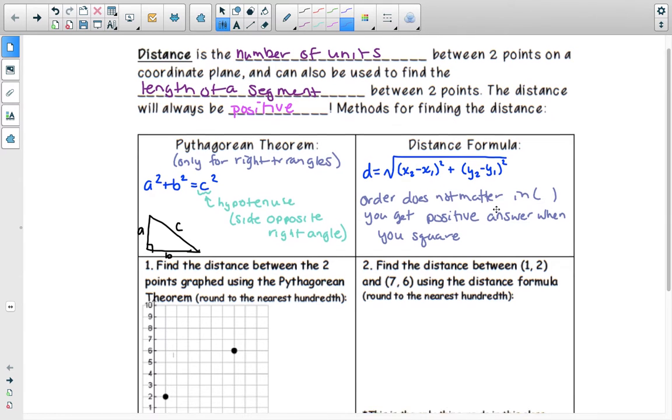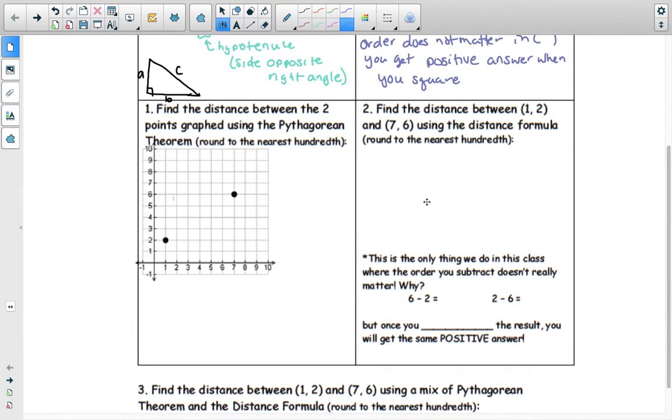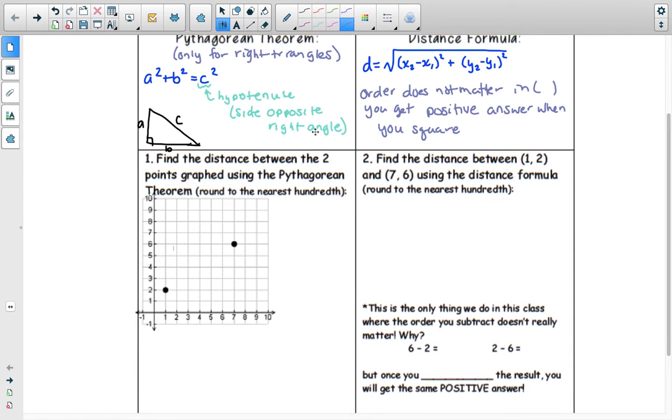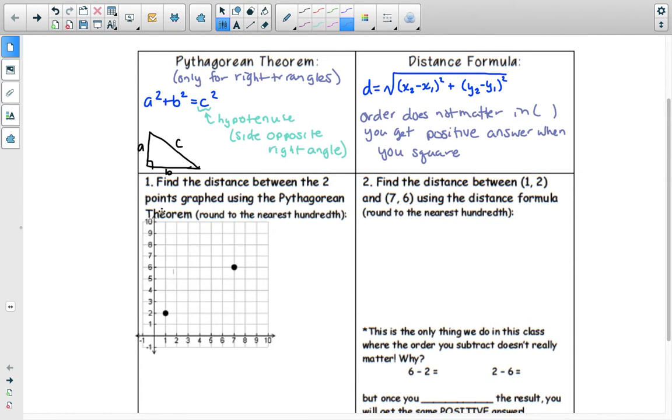So let's look at a couple of examples of this. We're going to find the distance between the 2 points graphed using the Pythagorean theorem. We're going to use this method. So we're going to create a right triangle out of this. So we want to find the horizontal distance and the vertical distance from these 2 points because we cannot count diagonally.